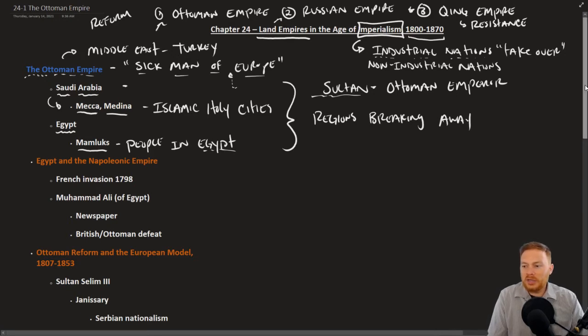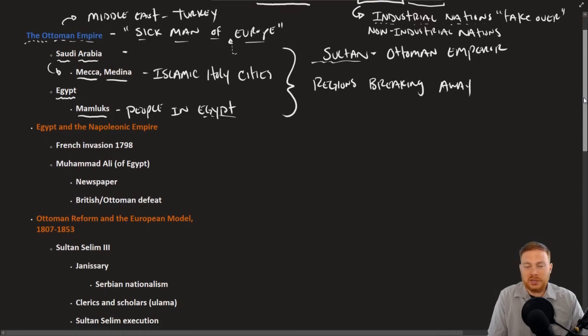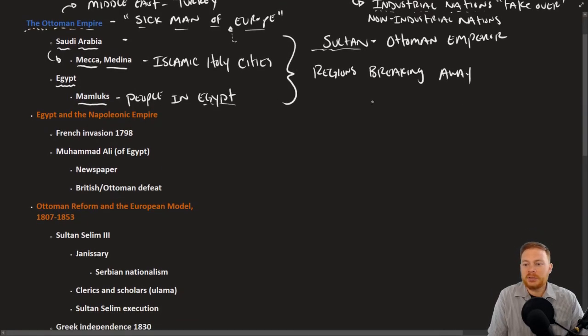However, though, the interactions with the outside world, namely that with the newly industrialized nations of Europe. Now, recall that we talked about the dual revolutions that occurred in Europe, one being industrial, which had a lot to do with the economy, right? The way that goods were produced and distributed.